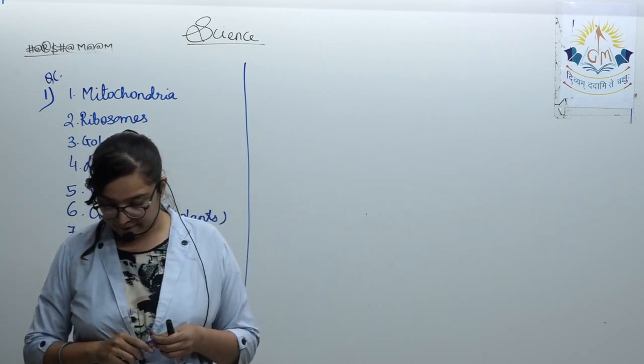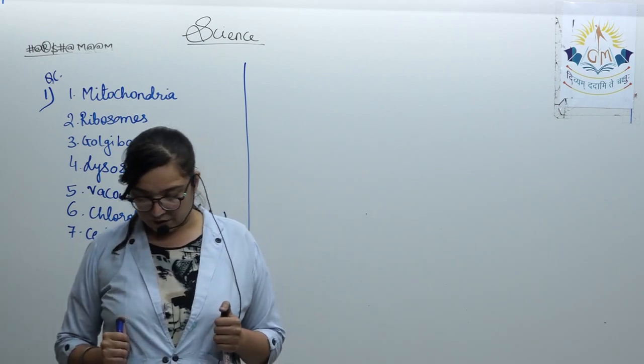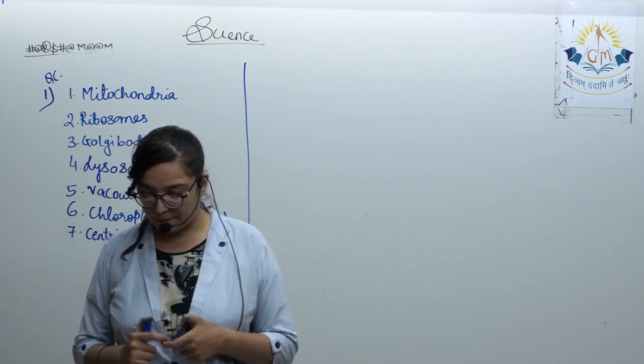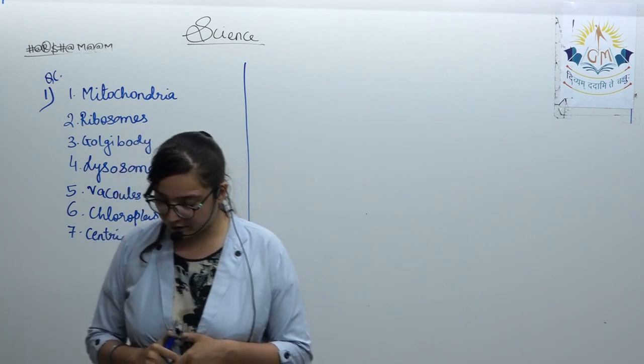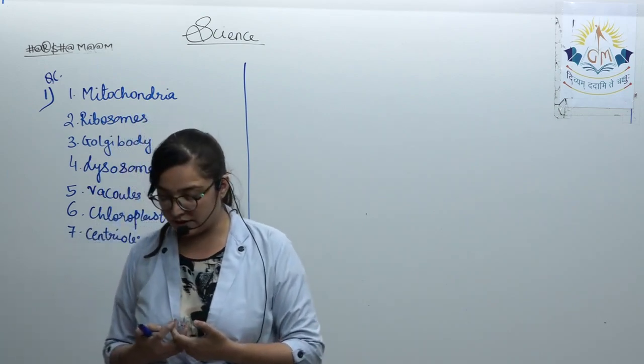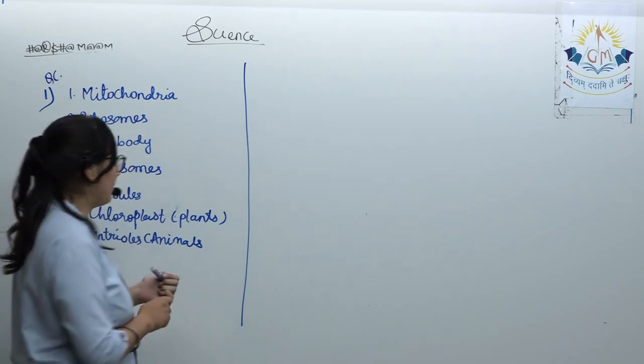Then next, mention the functions of the following. The very first one, mitochondria. The mitochondria is called the powerhouse of the cell. It is the main site of cellular respiration.